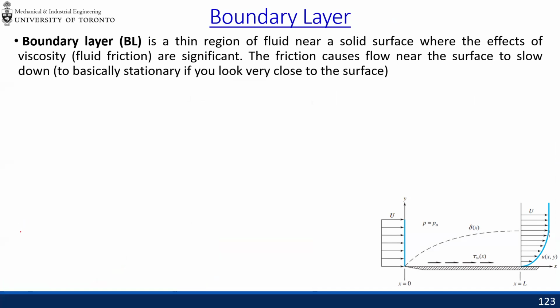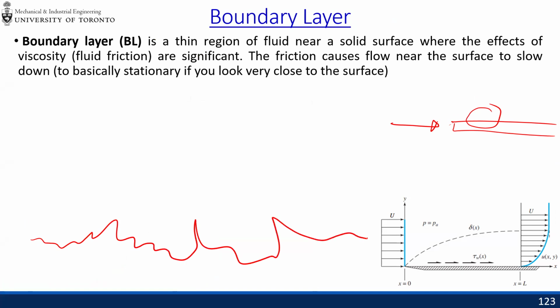So let's say you have flow coming in, hitting a flat plate, a very skinny flat plate. If you zoom in, again, you get this texture on the surface, just like the last slide. And then you have flow coming in, let's say 1 meter per second.